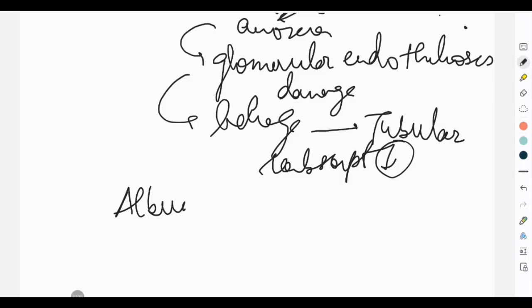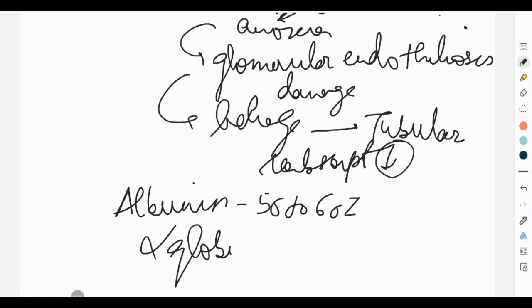Albumin is 50 to 60% and alpha globulin can be 10 to 15%.